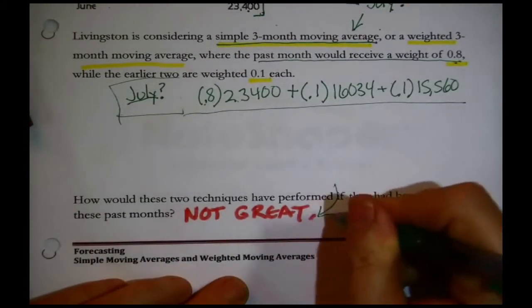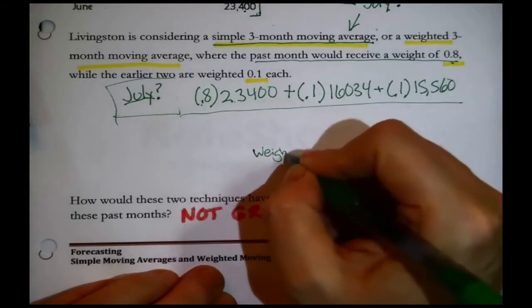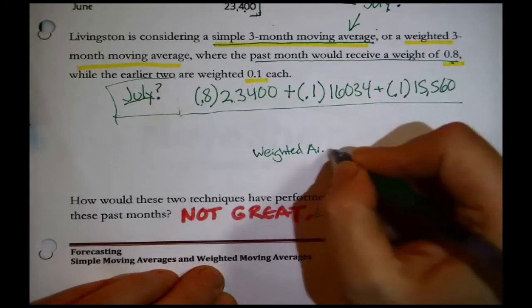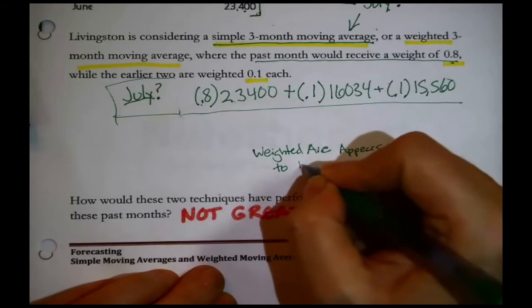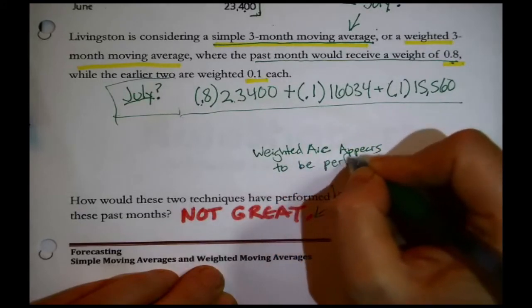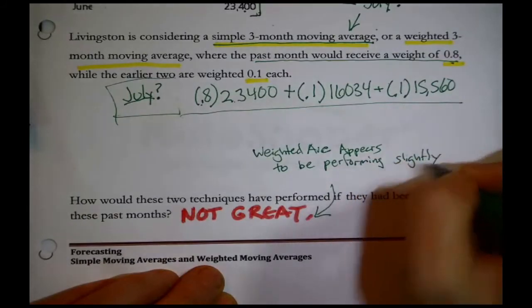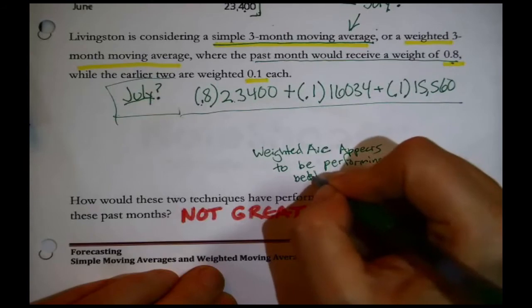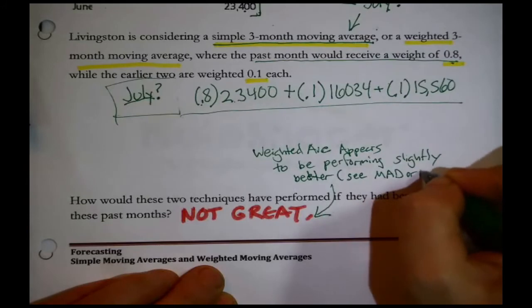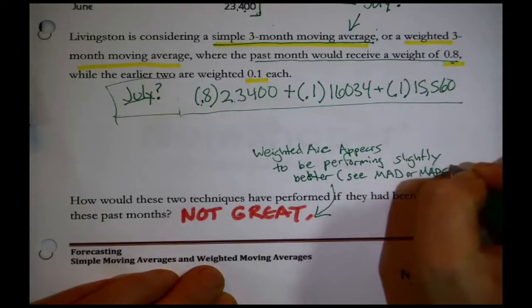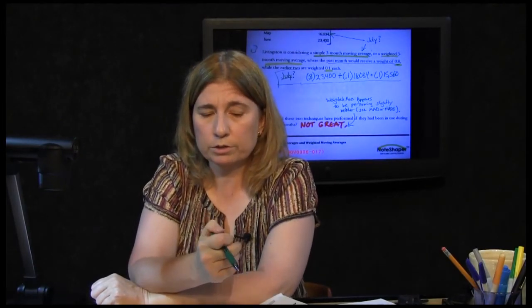We could say, fair enough, weighted average appears to be performing slightly better. You know, by MAD or MAPE, that at that point has, especially then if you also report the error measures, basically answered the question.